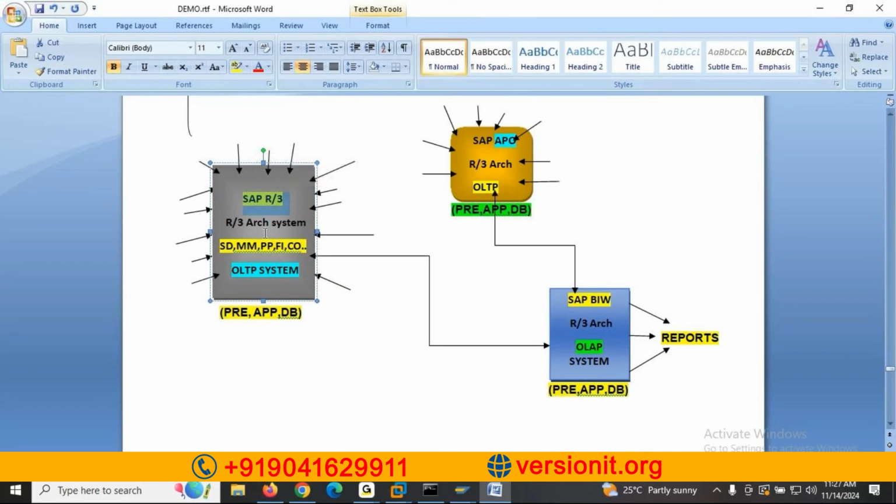These two boxes' data is coming into our BW, and from BW a report is going out. Symbolically, anyone who sees this has to understand things very clearly, in this way: R3 system, APO system, BW system.